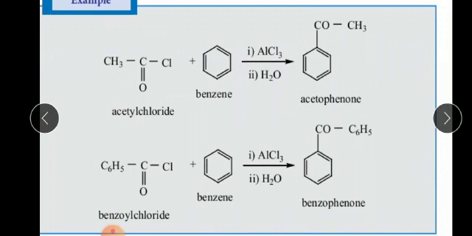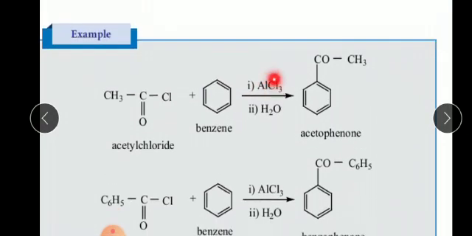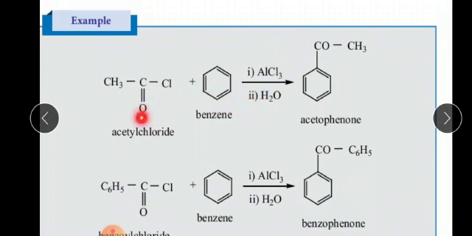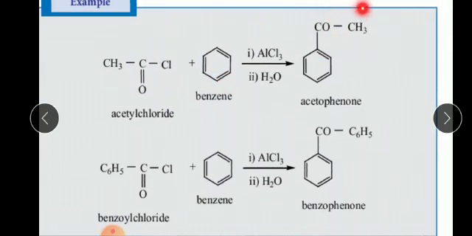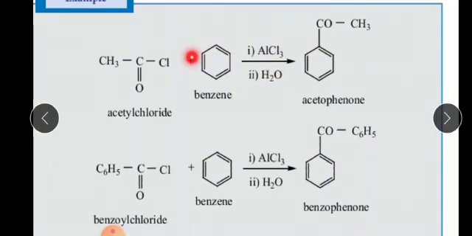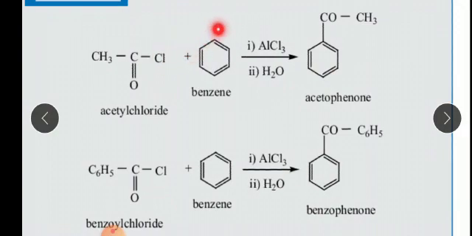Preparation through the Friedel-Crafts reaction in presence of aluminum chloride. CH3COCl, here the benzene is there. So here one hydrogen will be there, no? This hydrogen as well as Cl can be removed as HCl. This CH3CO will be bonded here. See here, COCH3 is replaced instead of one hydrogen, and this one hydrogen as well as Cl will be removed as HCl.